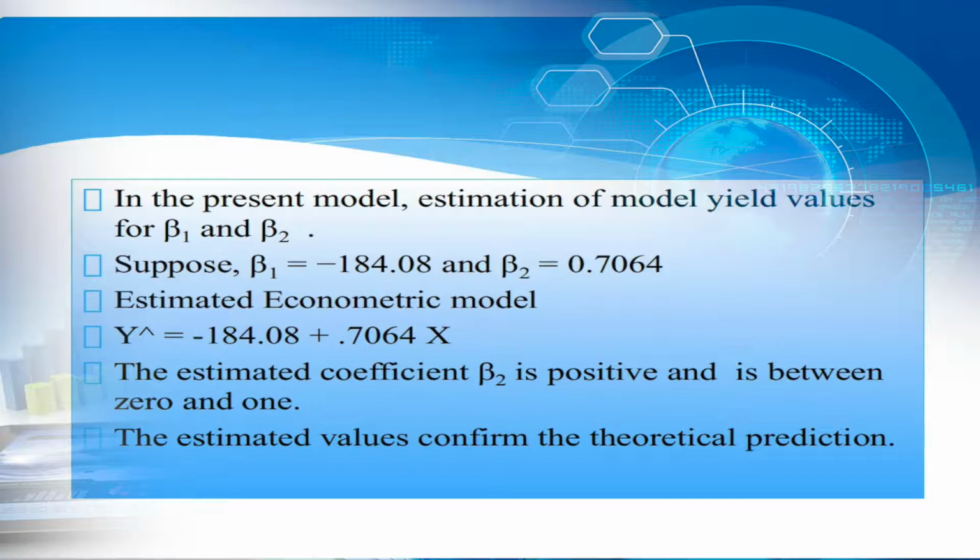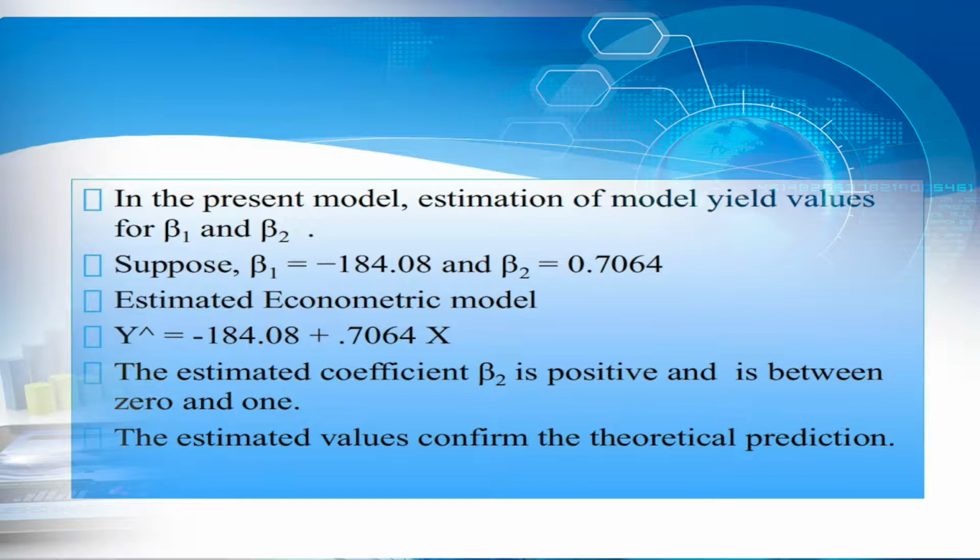So, the estimated econometric model may be written as y hat is equal to minus 184.08 plus 0.7064 x. The estimated coefficient beta 2 is positive and significant. The data confirms the theoretical prediction. Therefore, the theoretical formulation may be accepted.